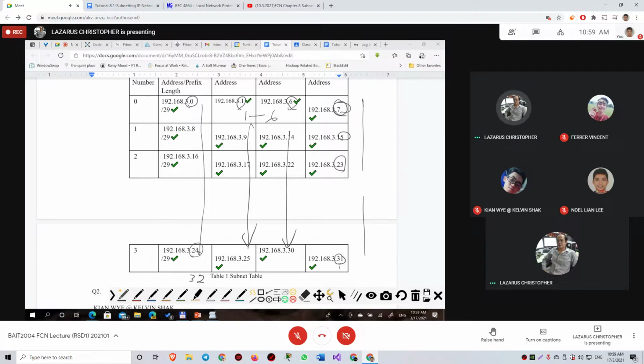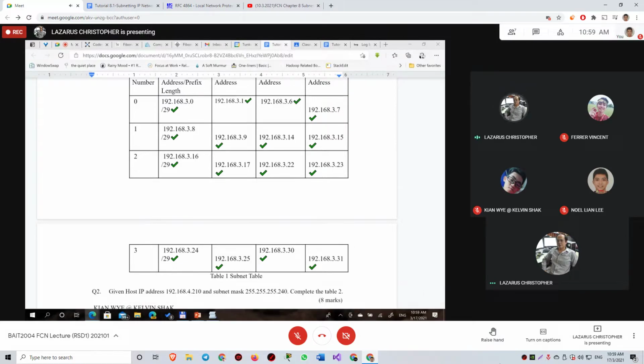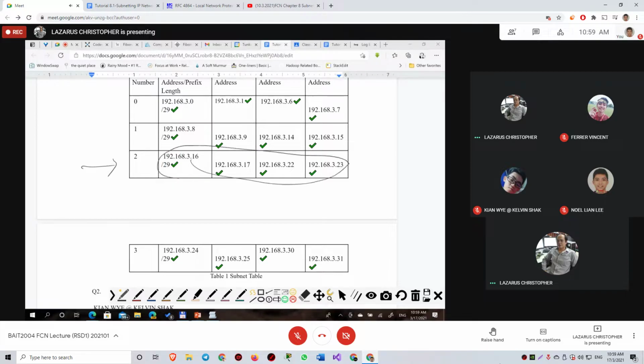Let's say this subnet. So you take this range of addresses from 16 to 23 and subnet it.